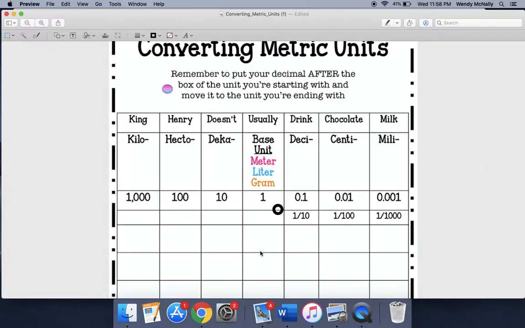So if I were to write 425, if this was my ones place, I would write my 5 here because it's 425. So this is my hundreds place, this is my tens, and this is my ones. So I have my 5.